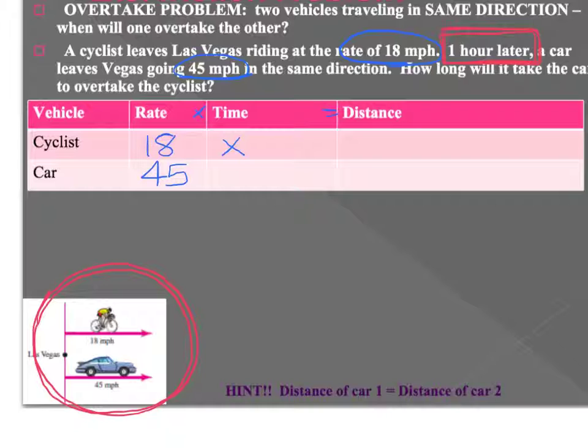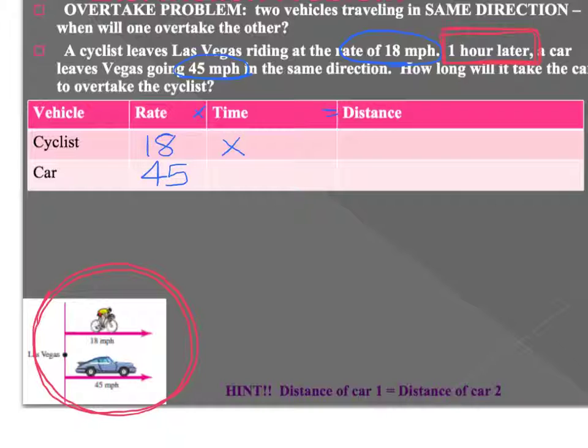If the cyclist was driving for 5 hours and the car left 1 hour later, that means that they would have been driving 4 hours. So we can use this information simply to decide how do we relate the X for time for the cyclist to the time for the car. Well, if we look here, it's 1 hour less. So our time is going to be X minus 1, or the time the cyclist was riding minus 1.